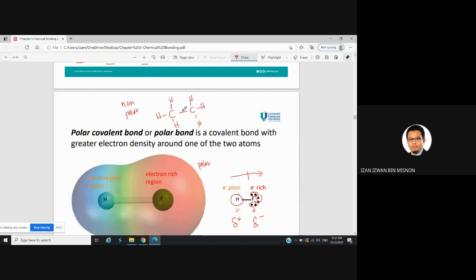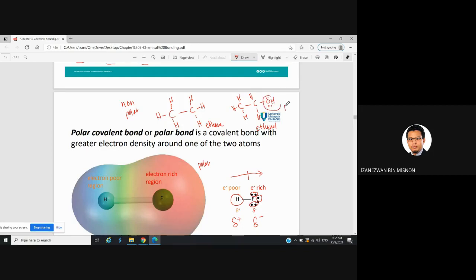Okay. But then let's say this is an example of ethane. So in case of an additional other element, in this case, ethanol, there is an electron rich region at oxygen, right?